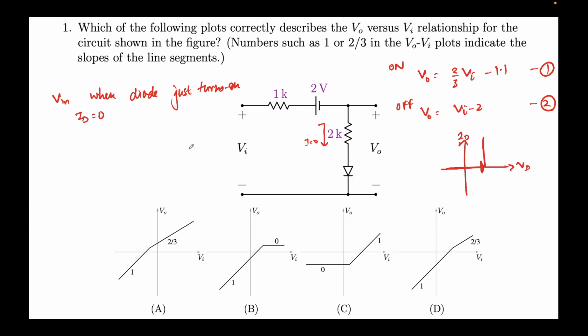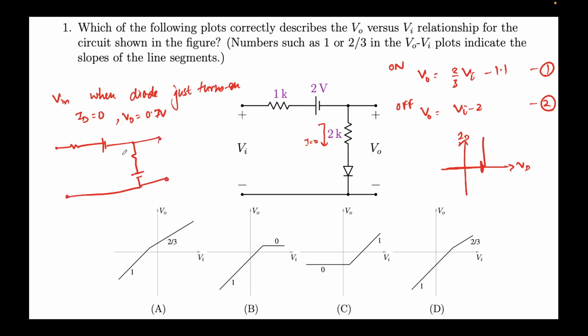So when we put ID equal to 0 and VD equal to 0.7 volts, because it's barely starting to conduct, VD is 0.7, right? So I'll draw this circuit over here again. So this is 0.7, this is the complete circuit.